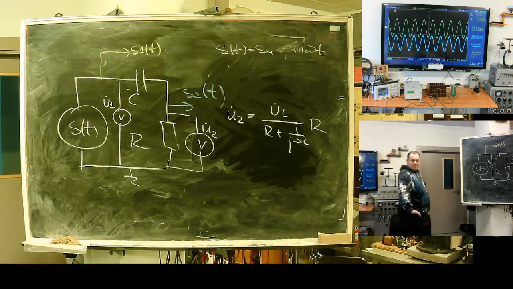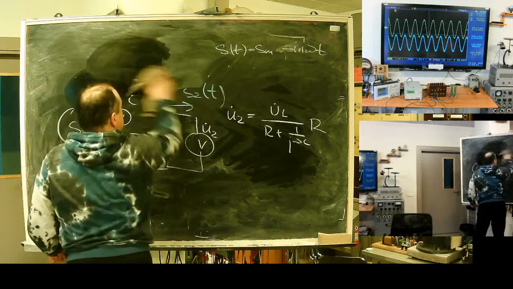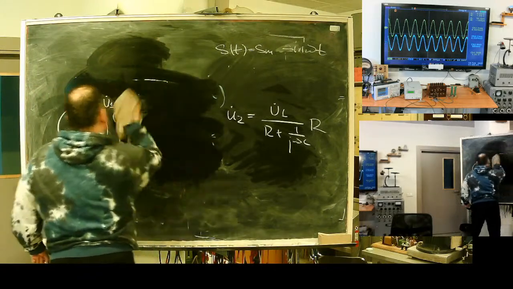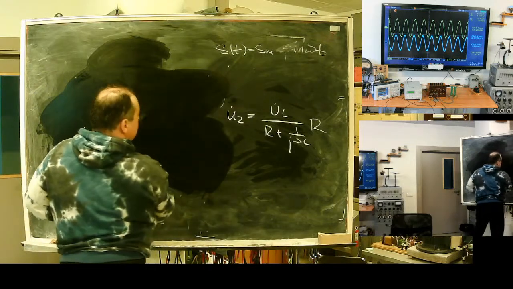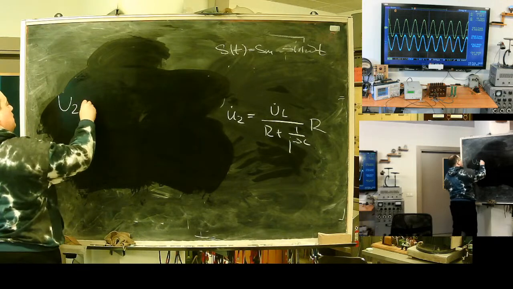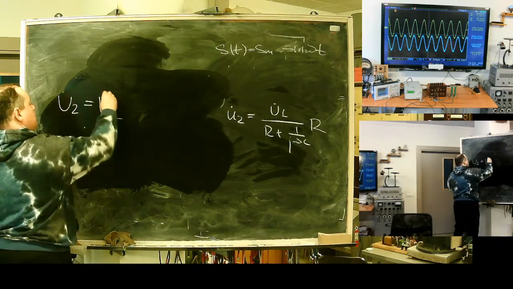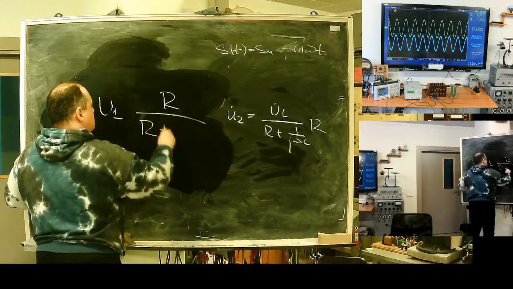Something familiar, no? And now signals theory. So output is input multiplied by resistance divided by resistance.